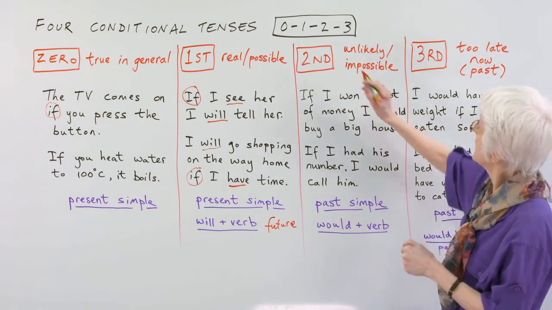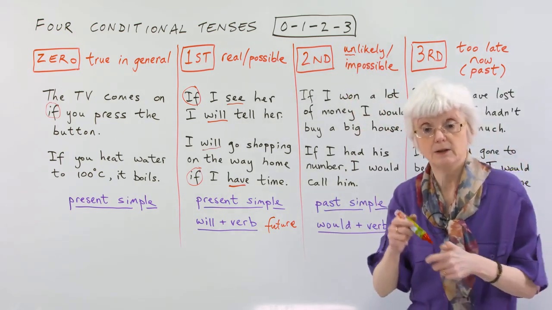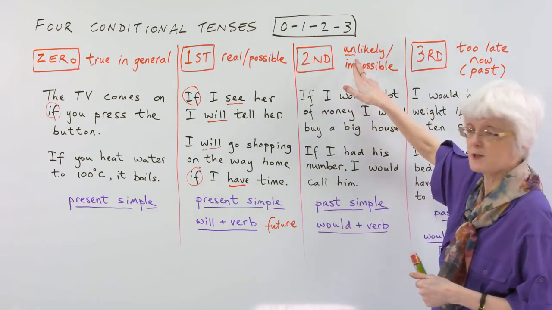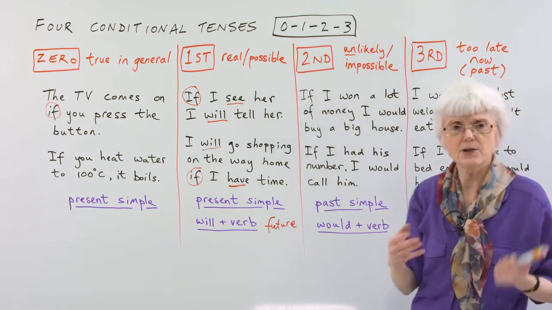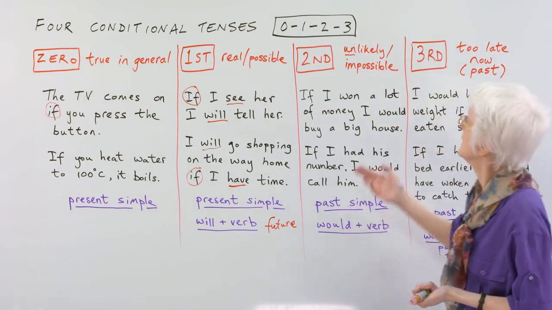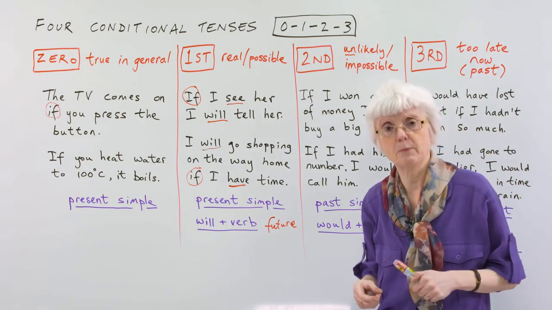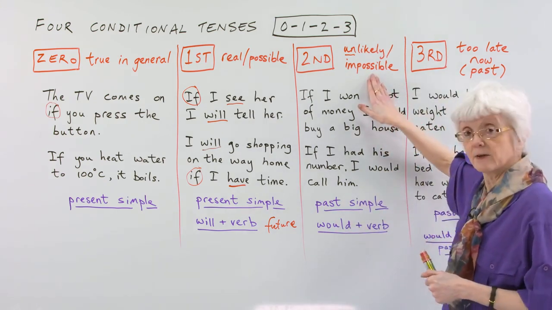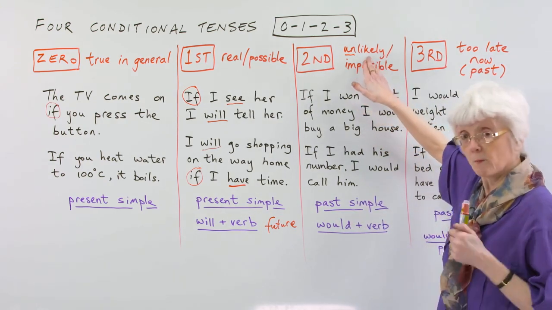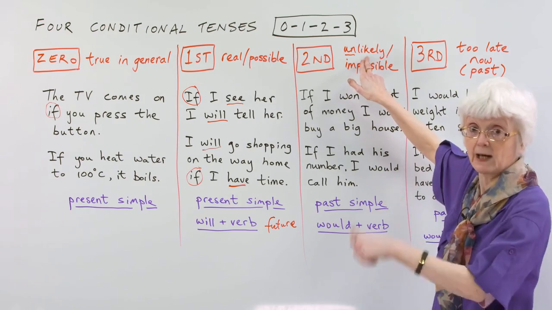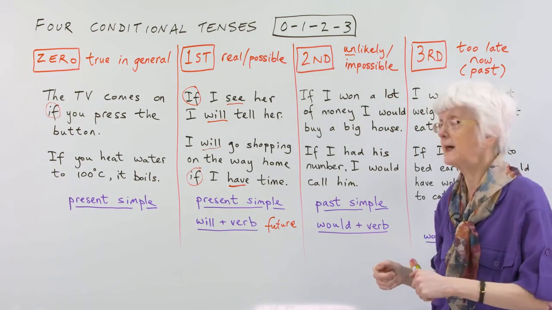And if something is unlikely, that's the negative prefix, that's unlikely. So that's not probably going to happen. So it's either impossible or probably not going to happen, unlikely.